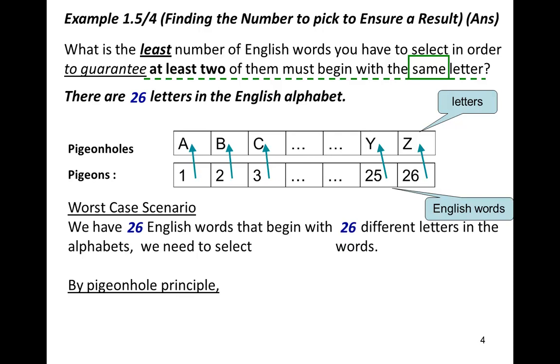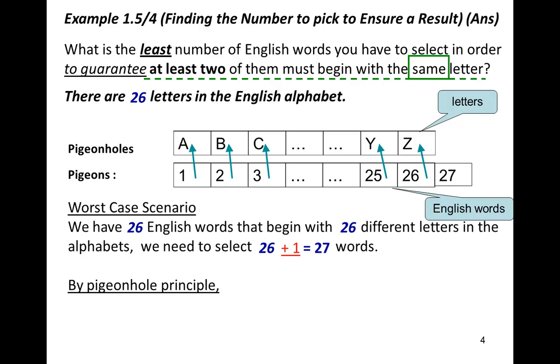Now what will happen to the 27th word? Well, then the 27th word will need to share the same beginning letter with one of the earlier words. Therefore, we need to select 26 plus 1, or 27 words, in order to meet our criteria.